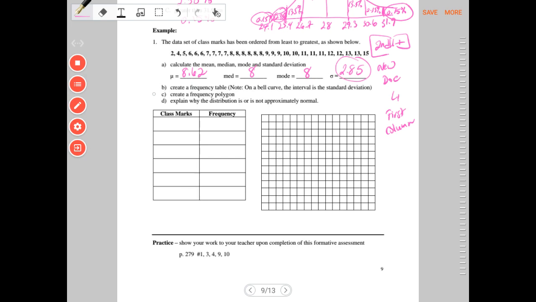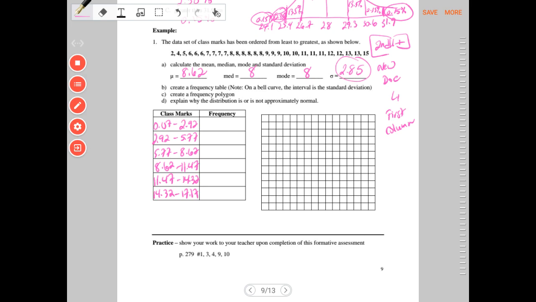Okay, so my class marks are going to range from 0.07 to 2.92, 2.92 to 5.77, 5.77 to 8.62, 8.62, our mean, to 11.47, 11.47 to 14.32, and 14.32 all the way up to 17.17.